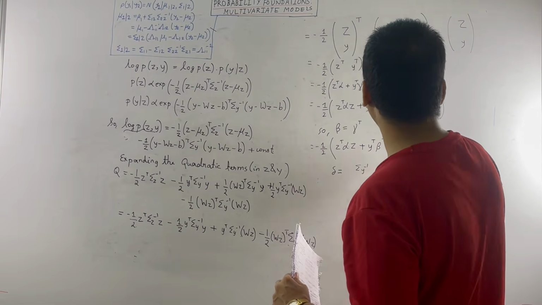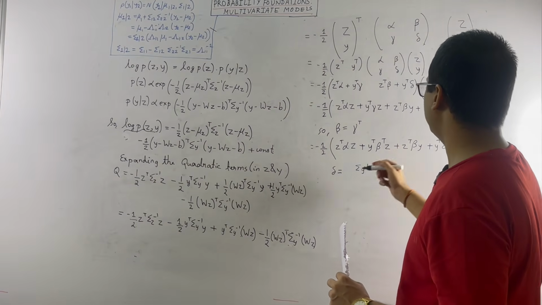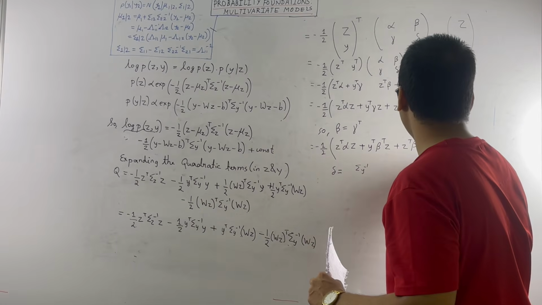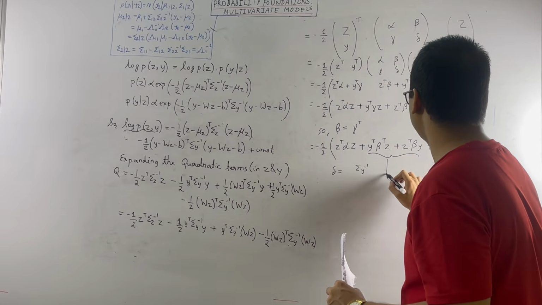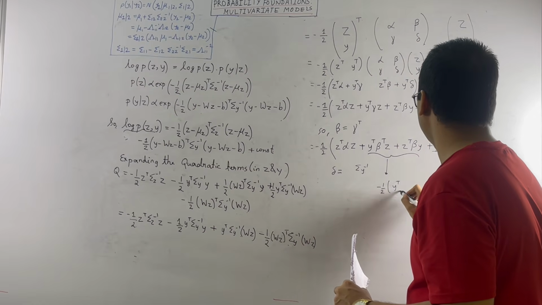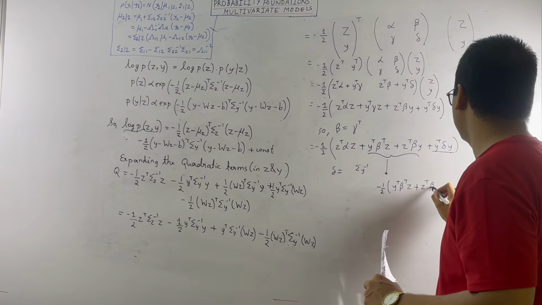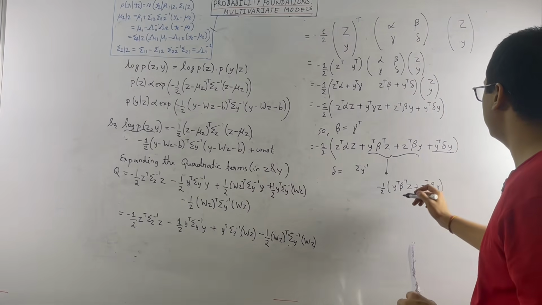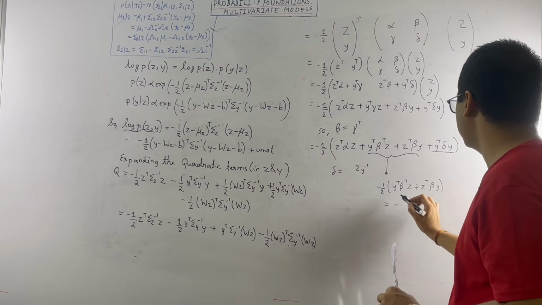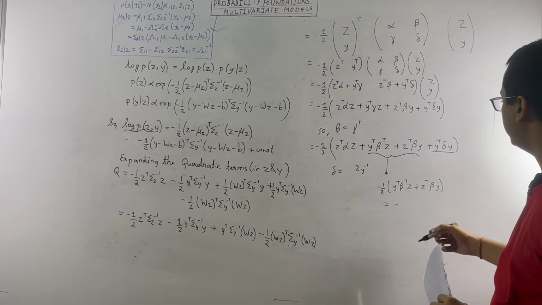But if you look at other terms, like for instance this and this part, what is this? This is nothing but z transpose beta y. It is the same as, because if you take the transpose of this whole thing, then these two become the same.